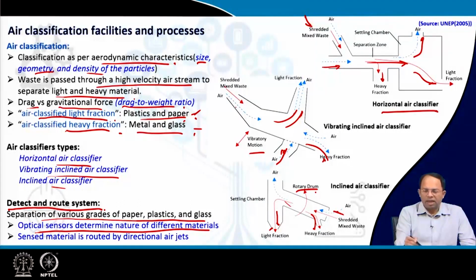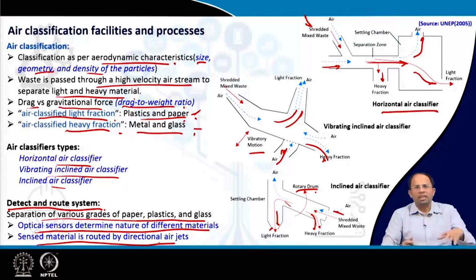That means once we have this light fraction, we use cameras to determine what is what, and the sensed material is routed by directional air jets, that we can direct air jets to that particular material and push it out. So that means when material is passing on a screen, by an optical sensor we can see what is where, and then it uses air jets to push the material in different directions in which those particular categories would be segregated.